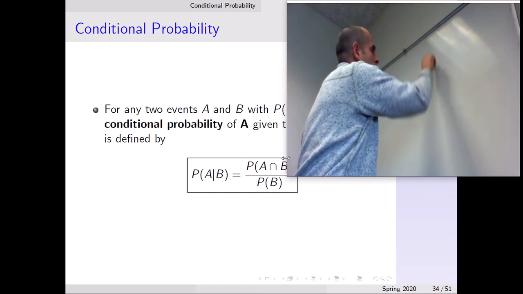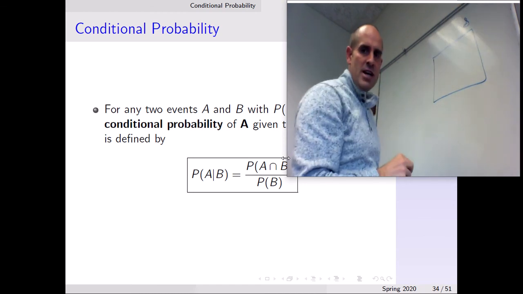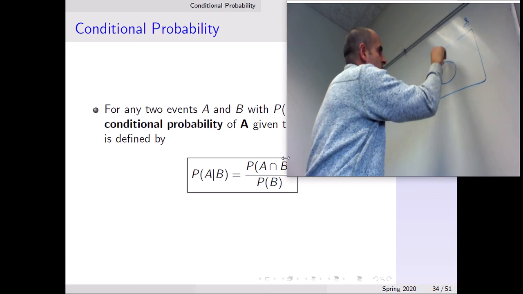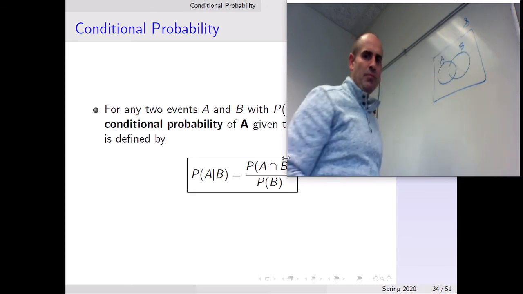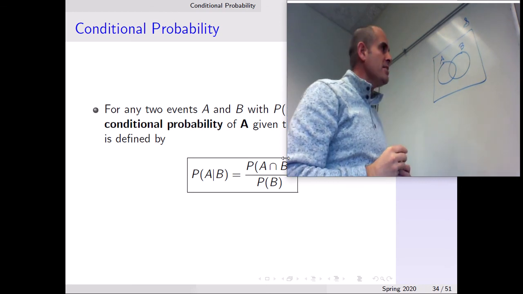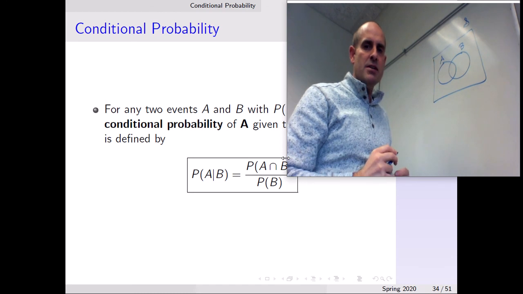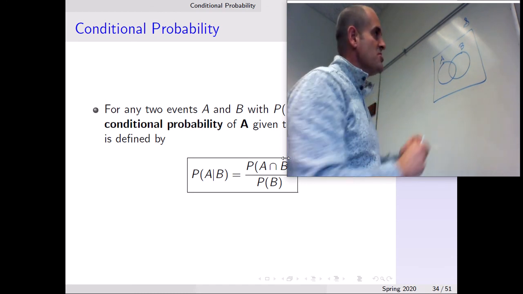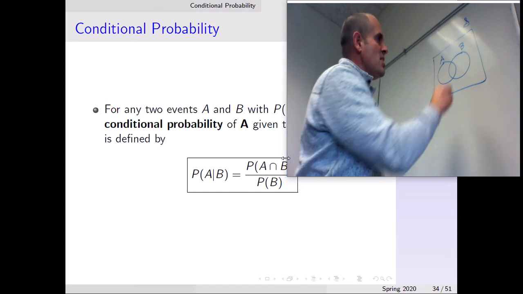Okay, so here's the whole sample space. Here is the event A, and here is the event B. If I tell you that B has happened, the sample space is no longer everything. The sample space is now this.